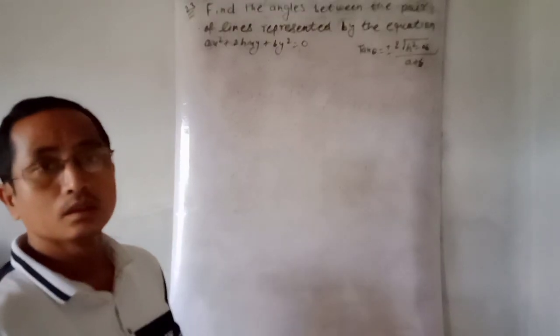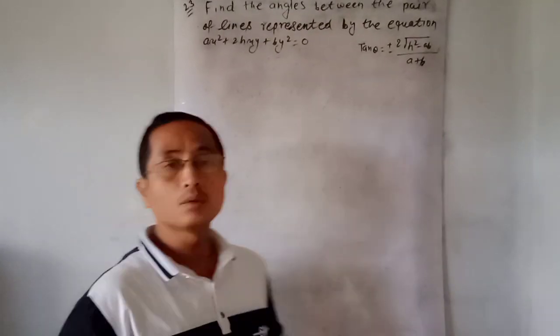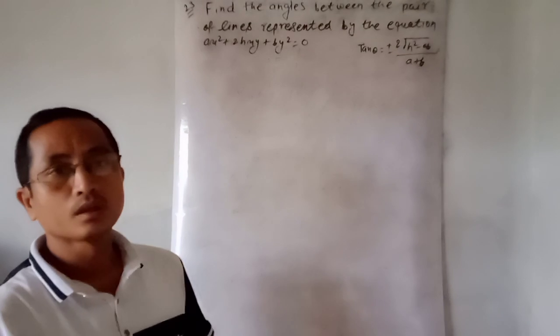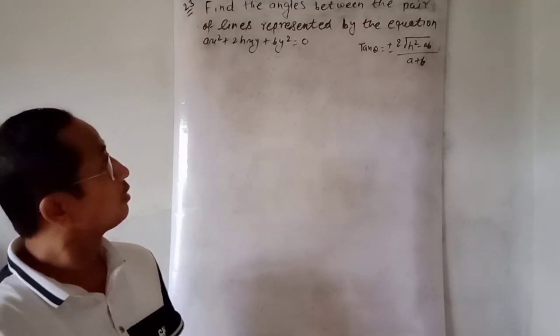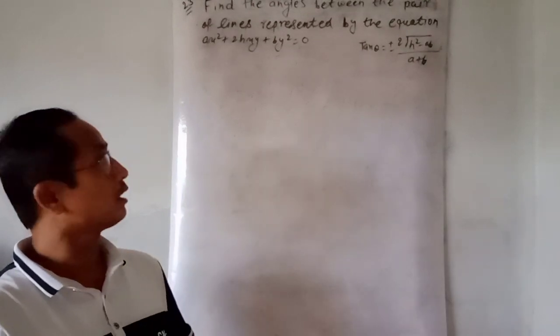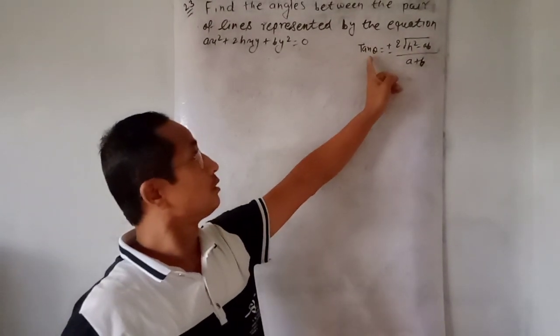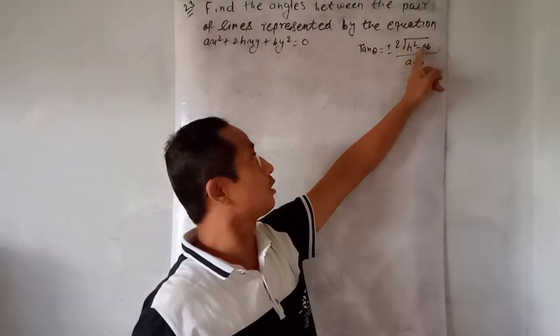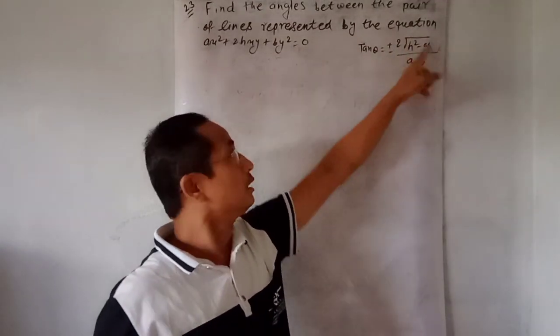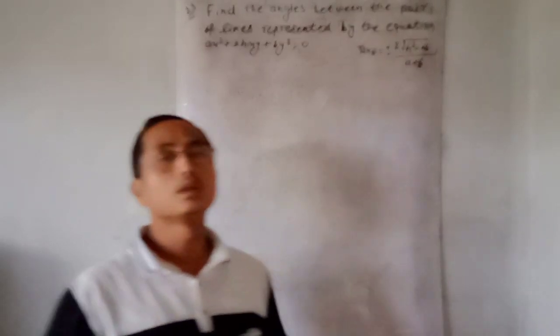I mean, the formula we have studied for the angle between a pair of straight lines, tan theta is equal to plus minus 2 root h square minus ab by a plus b, this very formula we have to prove.